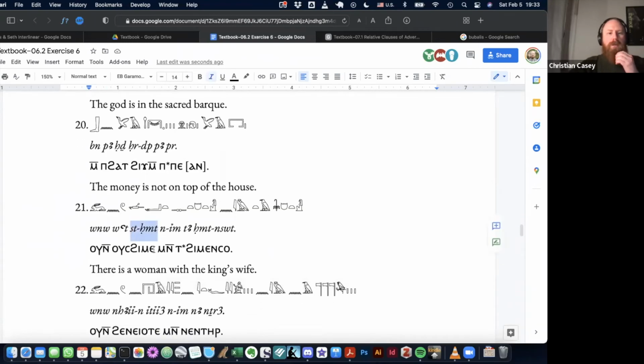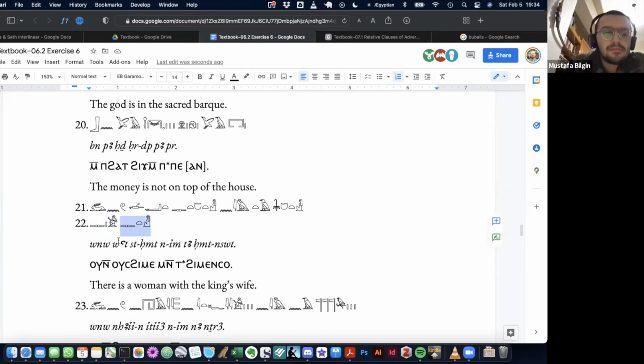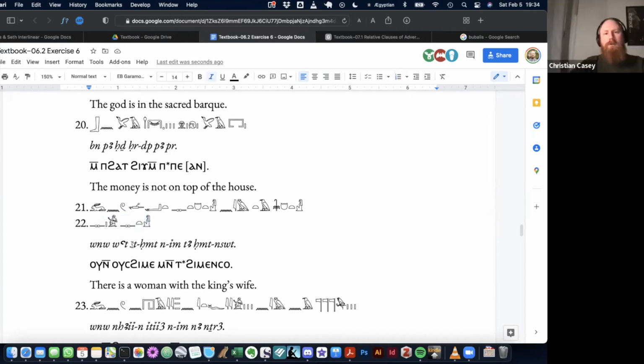So what's happened here is that in earlier Egyptian, you had two words. You had this word, and then you had this word. So this is man and woman, right? Z and Zet. Oh well. And then through phonetic change, the T is not pronounced.